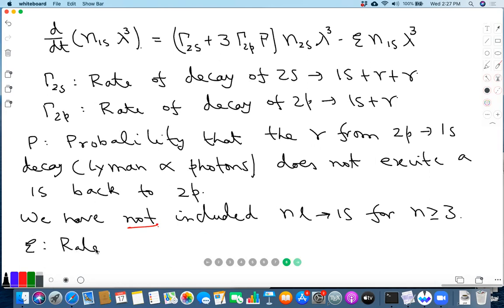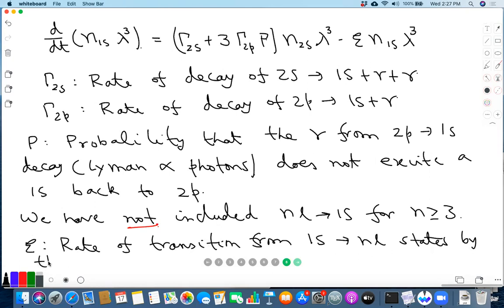This is the rate of transition from 1s to NL states by thermal photon. So E in fact will be very small because this excitation energy is large, and it's very hard to find a thermal photon that has enough energy to take you from 1s to NL. But we will still calculate E explicitly.